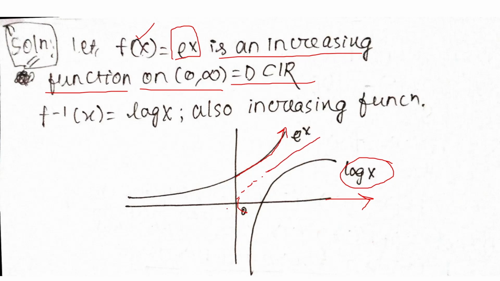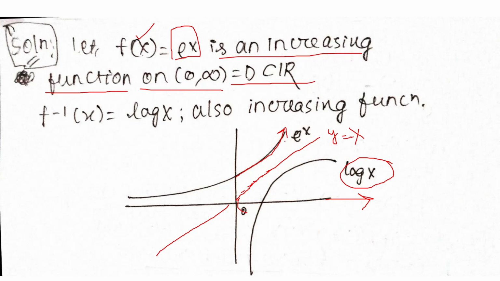If we take the line y equal to x, we can always find the inverse of any function. So we'll have the inverse of e to the power x, which is log x. Yes, the same behavior. The reflection of e to the power x is log x.